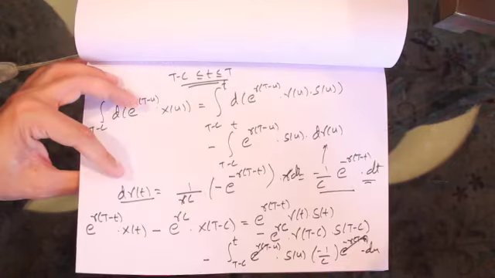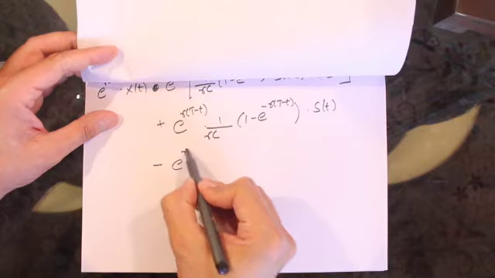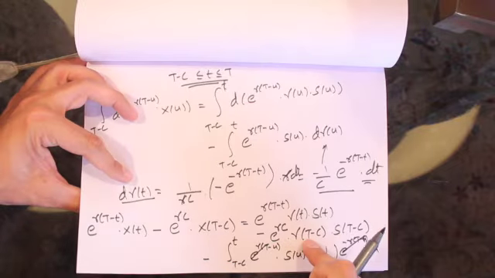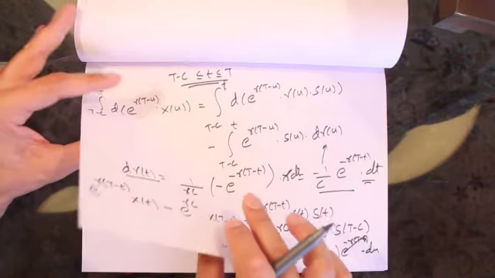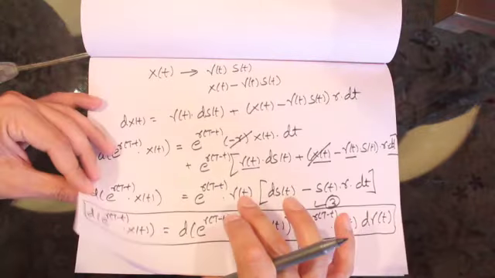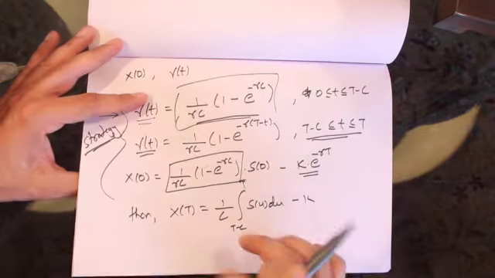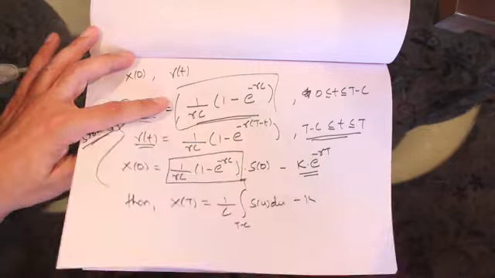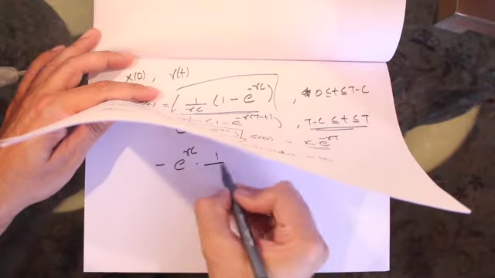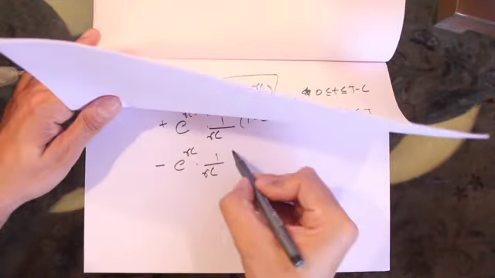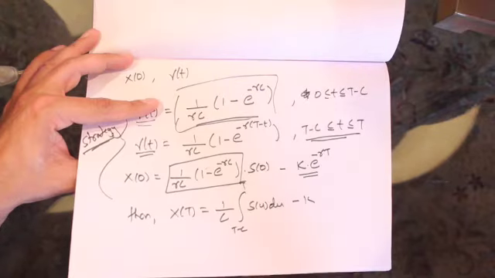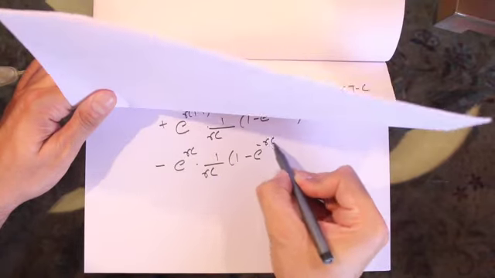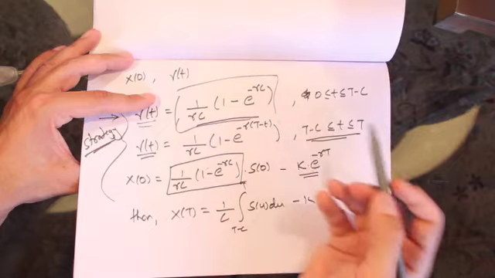Then I have this minus e to the power of rc right here, gamma(t minus c). Gamma(t minus c) would be what? Gamma(t minus c), again, when it's equal to t minus c, I'll get 1 by rc, 1 minus e to the power of minus rc. Okay?